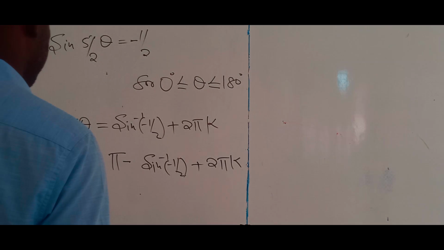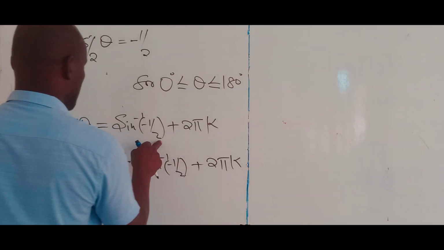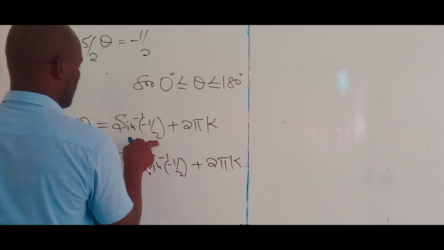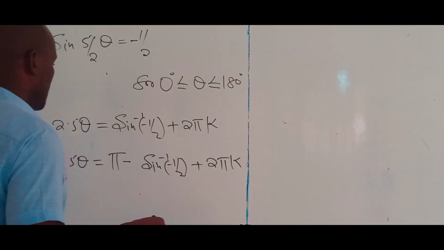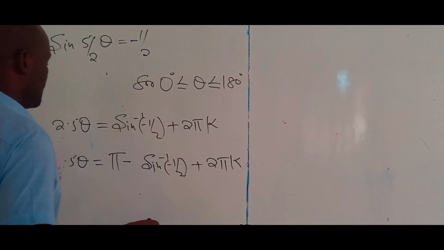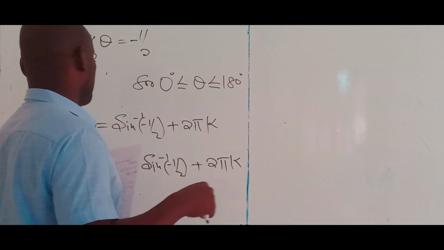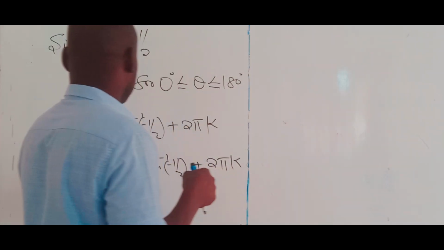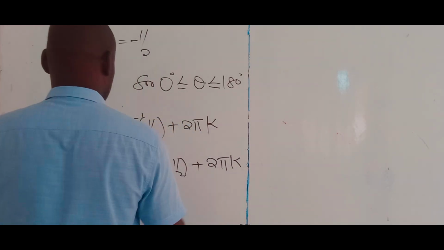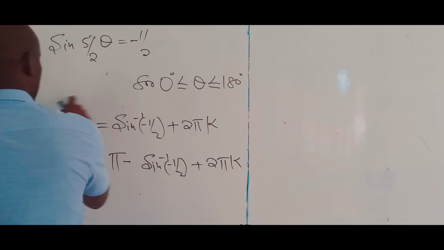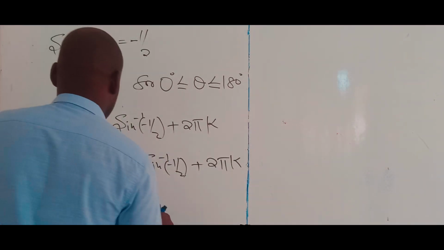The next thing we need is to read what the sine inverse of negative 0.5 is. This we can read from our calculators. If we do that, we see that sine inverse of 0.5 is 30, so sine inverse of negative 0.5 will be negative 30. You can check it from your calculator.